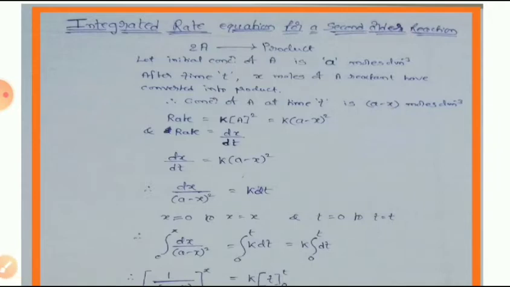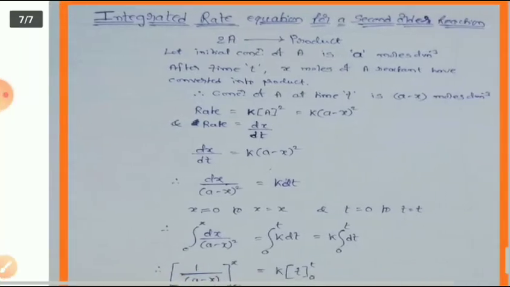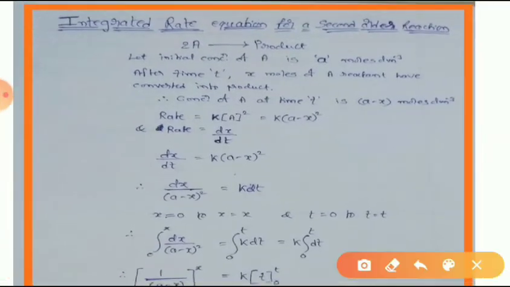Now we have to apply the law of mass action to this equation. So we will get this rate equation: rate equals k into the molar concentration of A to the power 2. The molar concentration of A at time t is a minus x, so putting that value in, we get rate equal to k into a minus x whole square.